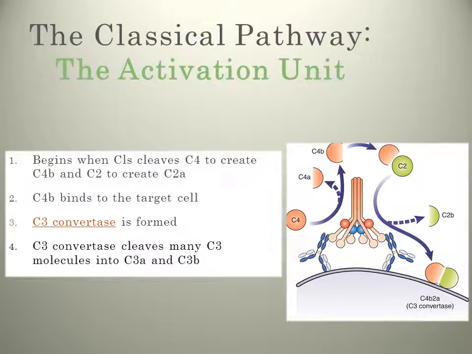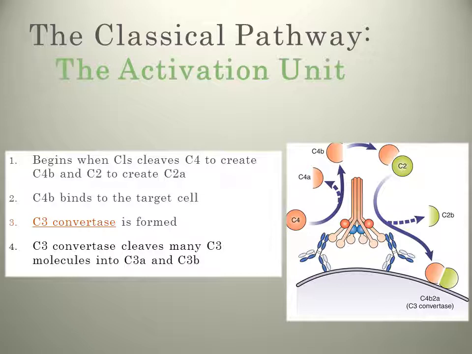Now, before we jump into this, let me make a general statement: when these zymogens go from inactive to active, they're cleaved. They're split into two pieces. Generally, one piece is the activation component for the next step in the pathway, and the other piece is said to just float away into Nana land.